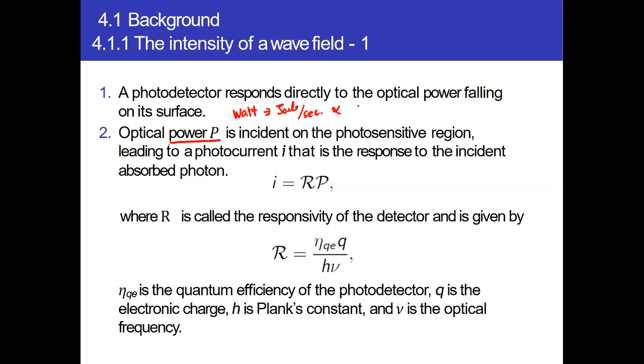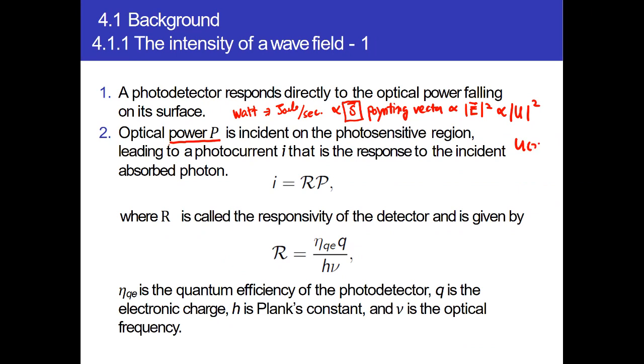And it is proportional to the Poynting vector. So what we actually observe is the Poynting vector, and it is proportional to the field squared, so it is proportional to U squared.